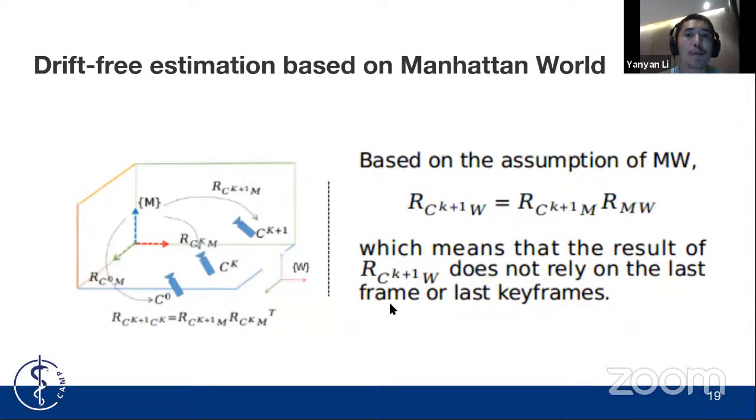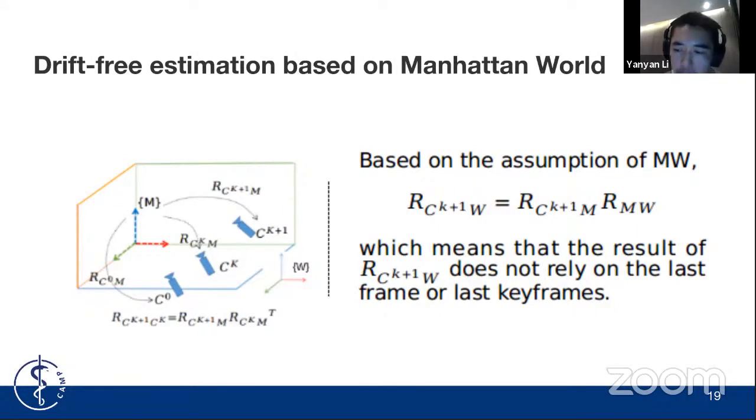As I mentioned before, how do we make use of the Manhattan world assumption to compute 6DoF pose estimation, right? Why is it interesting?